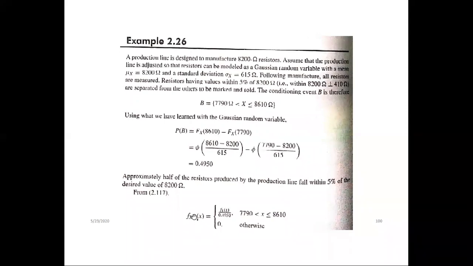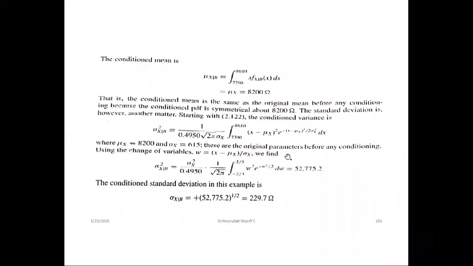That will be unconditioned divided by the value which we have got for P(B). And thus we will get this value, and the range of values is again between this and this. So the conditioned mean will be between those values. We will have the integral of x fX|B(x) dx.